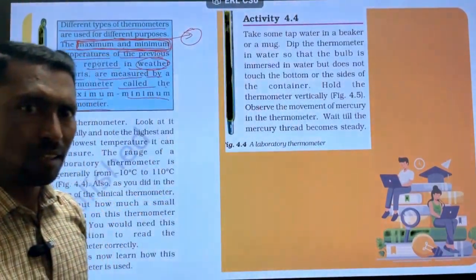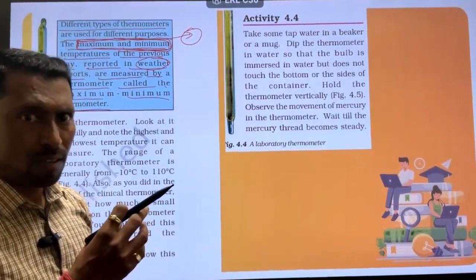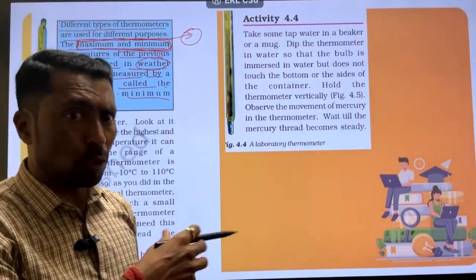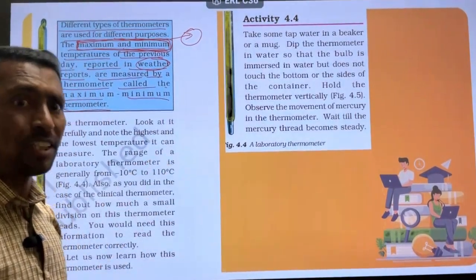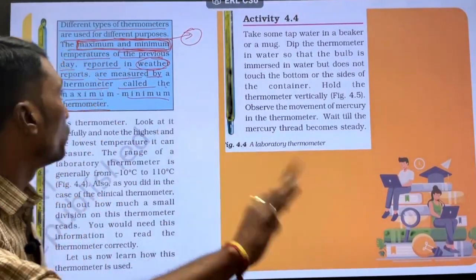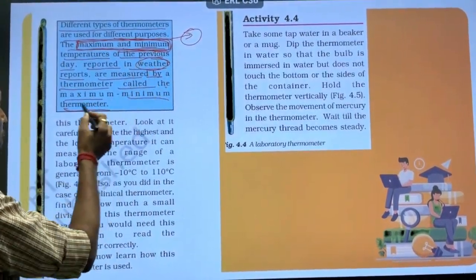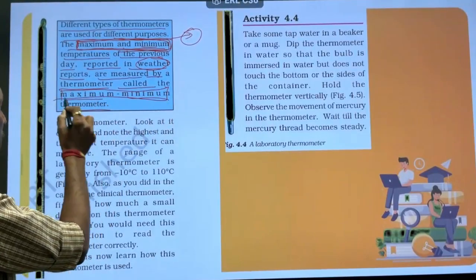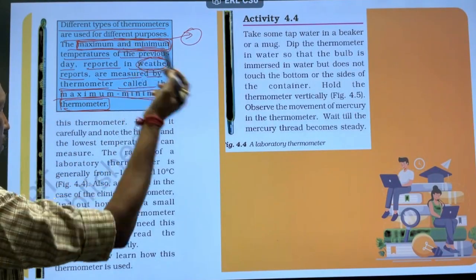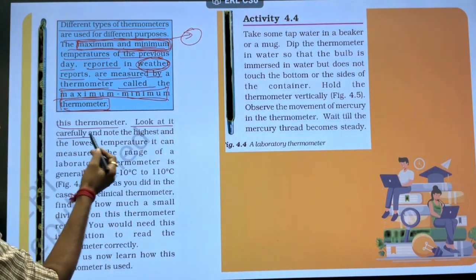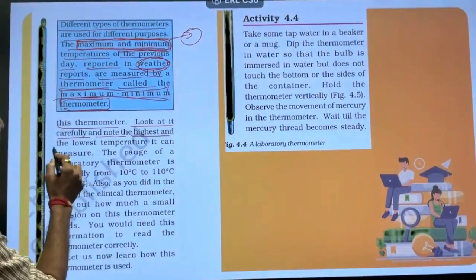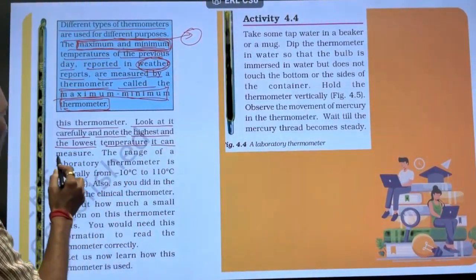For that how do we measure? It's not possible with the clinical thermometer, it's not possible with the laboratory thermometer. For that we make a special design to measure weather related temperature, the maximum and minimum thermometer, which is related with the weather. These thermometers, look at them carefully and note the highest and the lowest temperature they can measure.